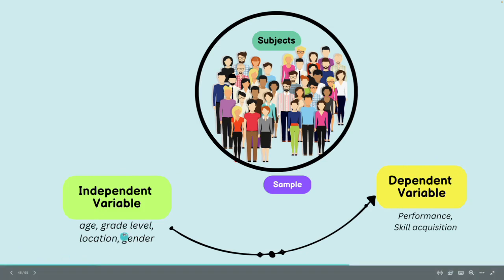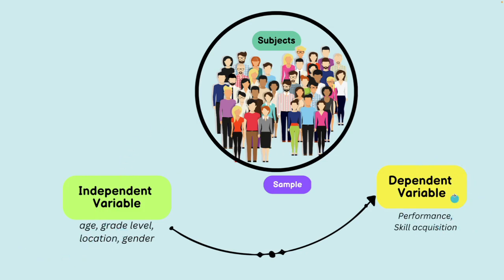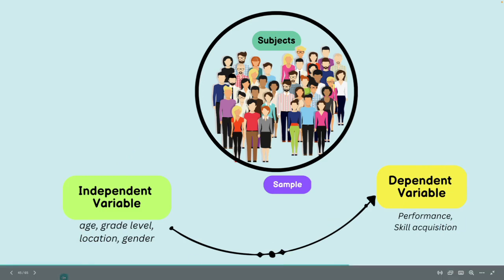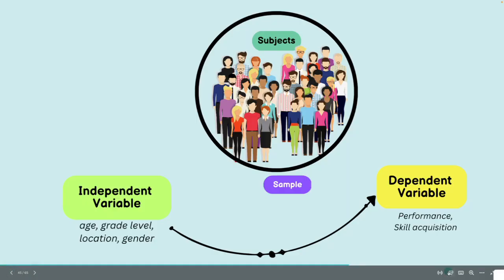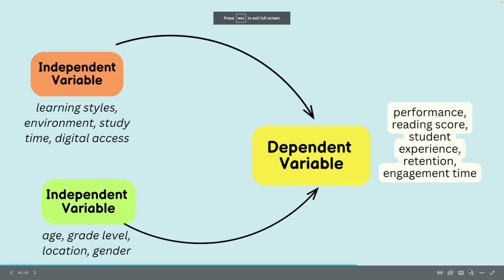So, how does the location of the students affect their performance? And those are just the demographic type of variables, right?